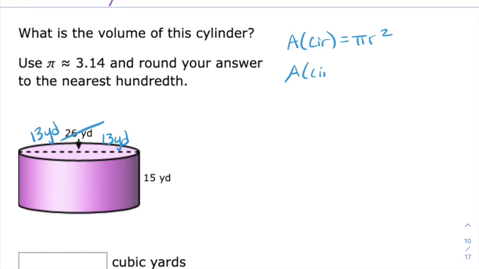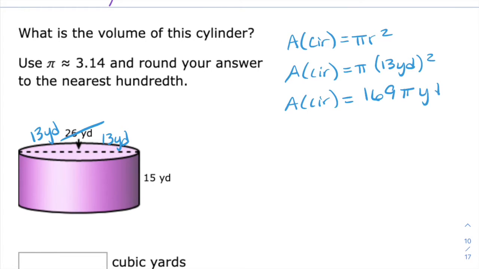So the area of a circle is pi 13 yards squared. Area of my circle is 169 pi yards squared, because 13 times 13 is 169. And then yards times yards is yards squared. And then pi comes for the ride.